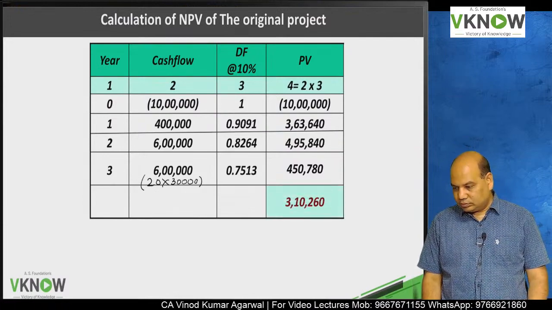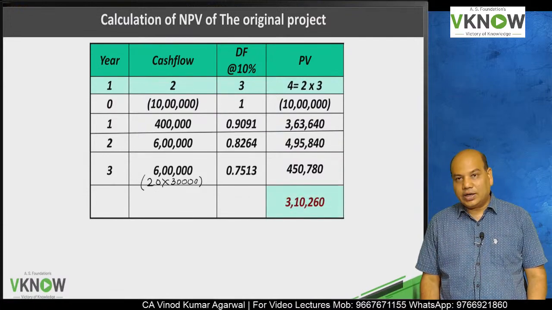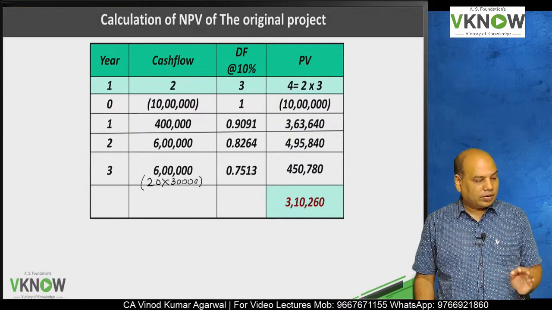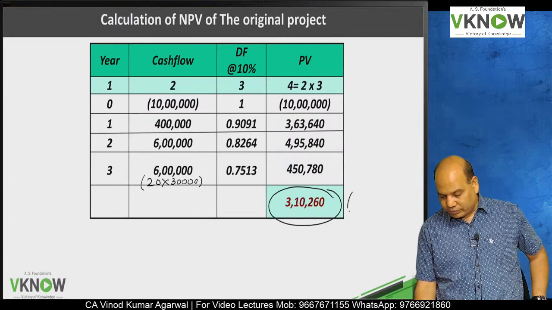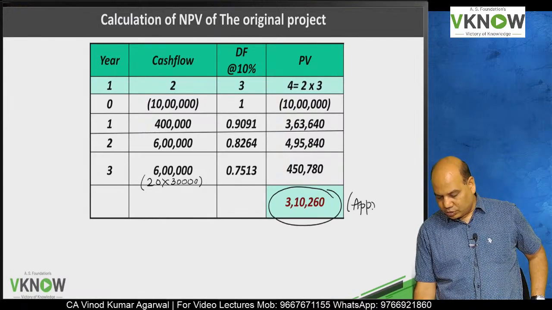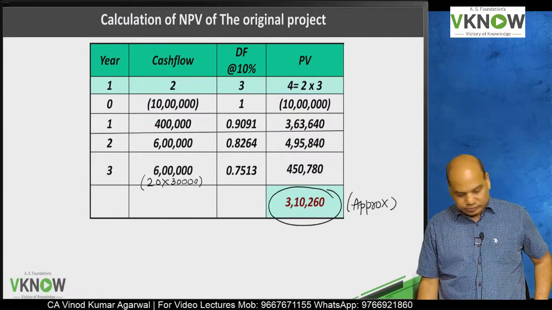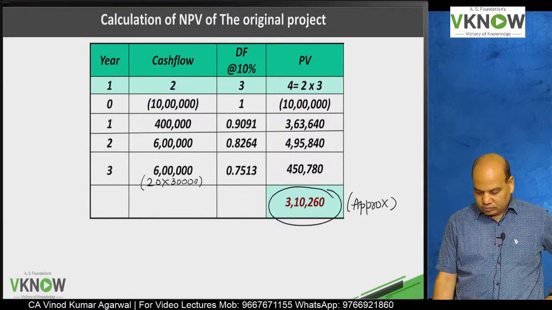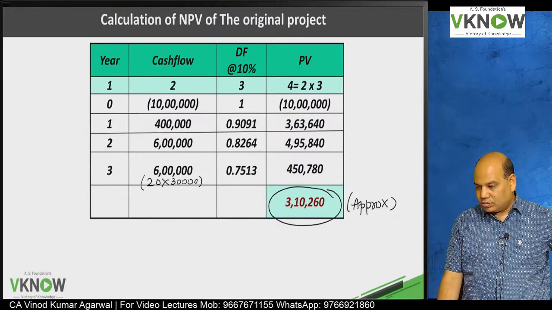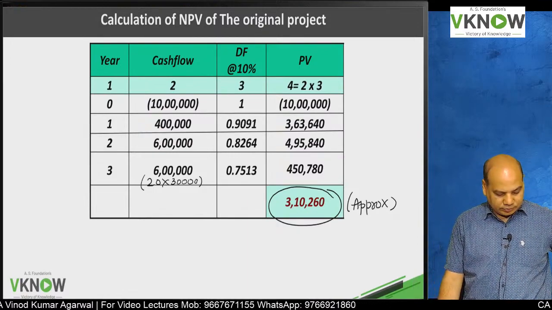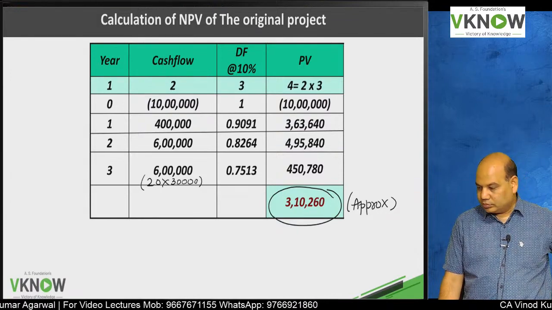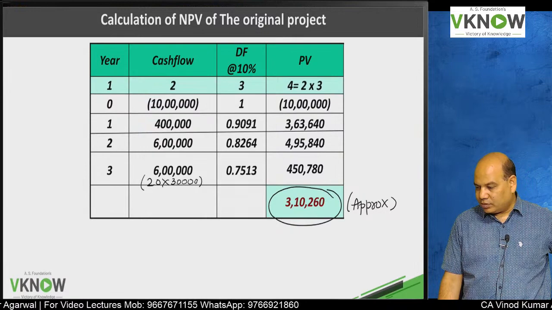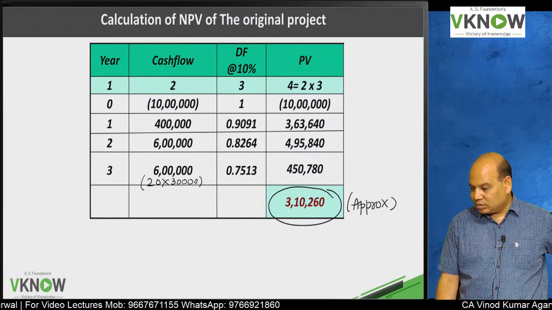Total 3,10,260 approximately. Write approx. It can be more or it can be less. Are you getting approximately the same answer?